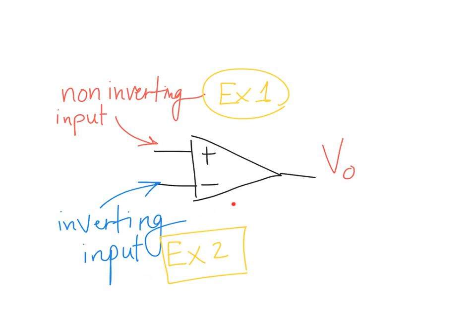It means the voltage gain at the end will be the relation between Vo and Vn through this minus terminal. It will give you a negative relation, which is an inverting operational amplifier or inverting amplifier. So this happened in example 2 as we saw before, and this happened in example 1.